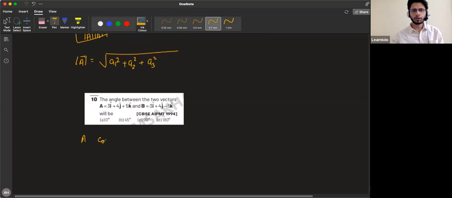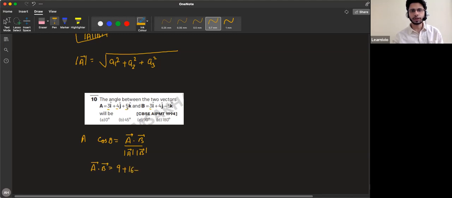So for cos theta, what you need is A dot B divided by the magnitude of vector A into the magnitude of vector B. So A dot B will be, the coefficient of i cap here is 3 and 3, so that will be 9. j cap is 4 and here is also 4, so it's 16.